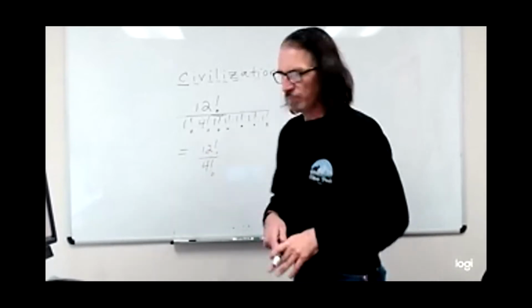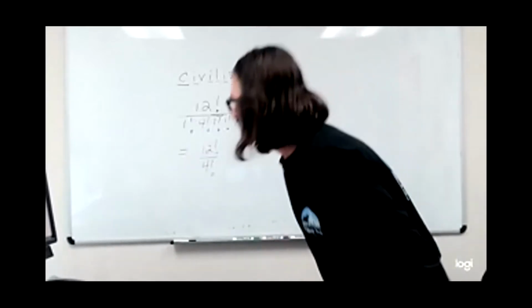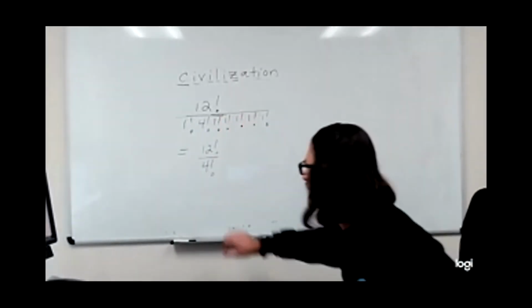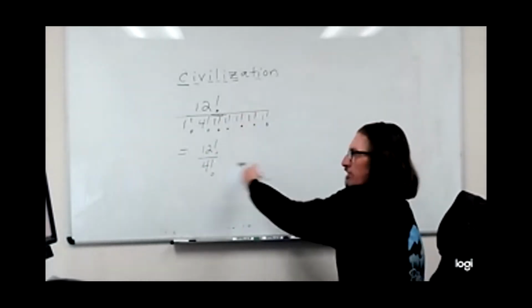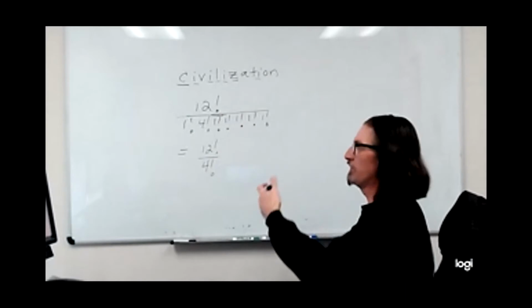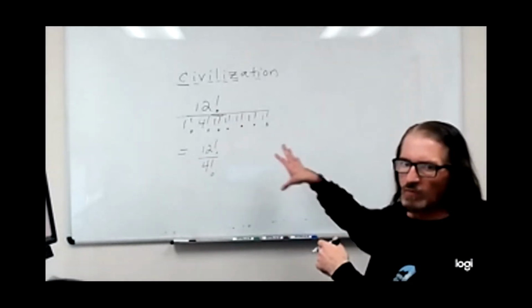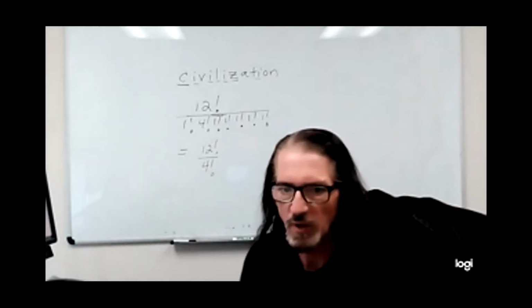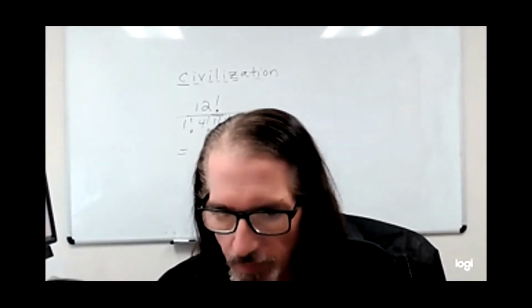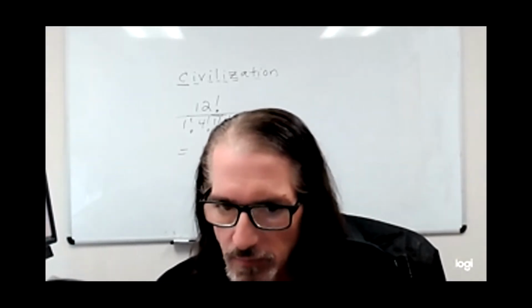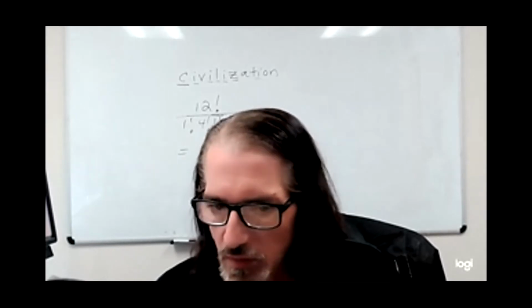which I could try to bother to do by hand by writing out 12 on down to 1 and then 4 down to 1 and cancel out the 4 times 3 times 2 times 1. But I'm not going to get that very quickly anyway. So on the calculator, let's see here.